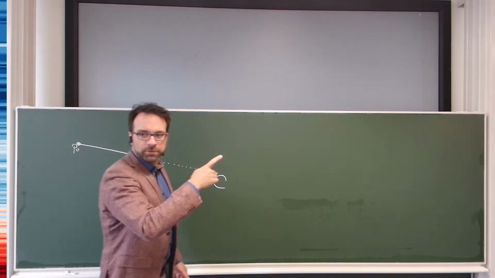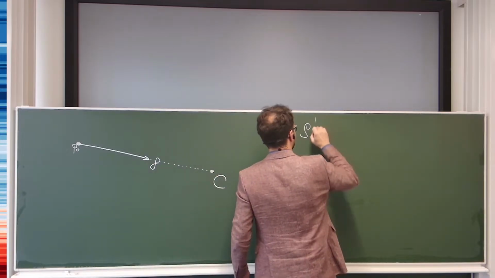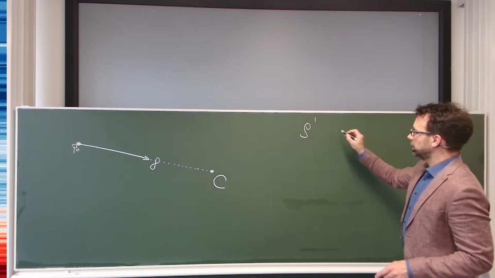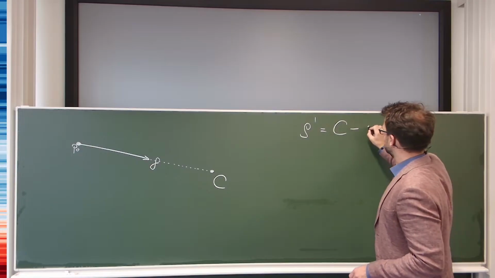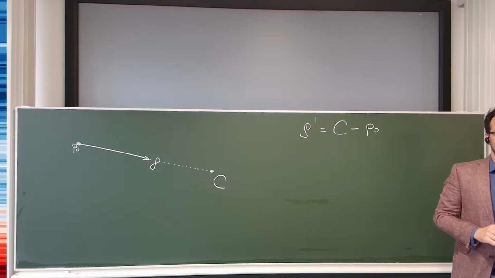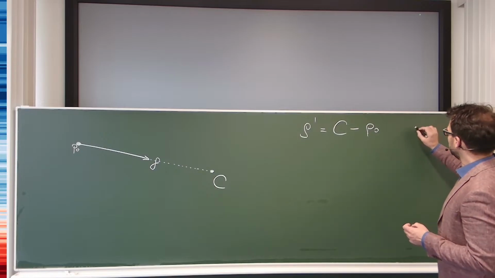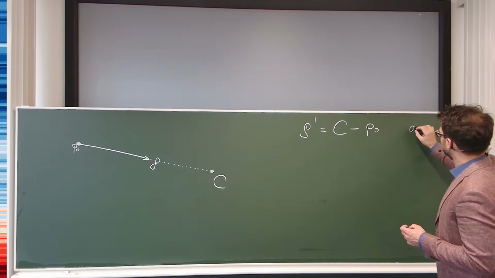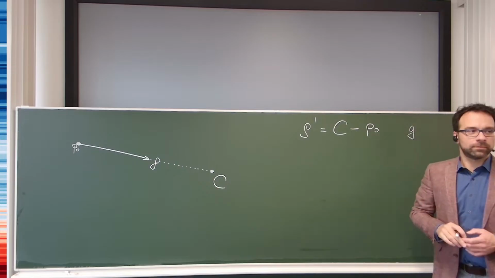Okay, so where can I do this? Let's say g dash is C minus P0. Okay. How do we compute g?